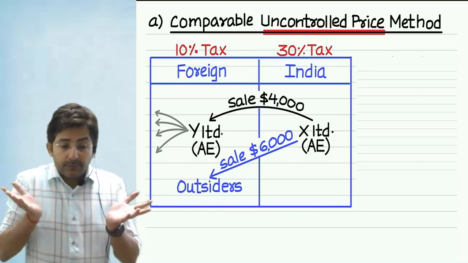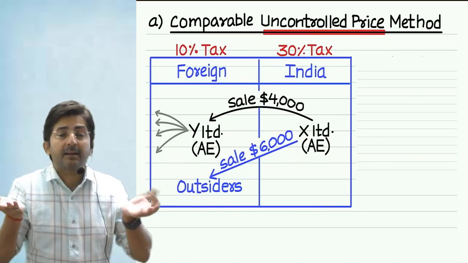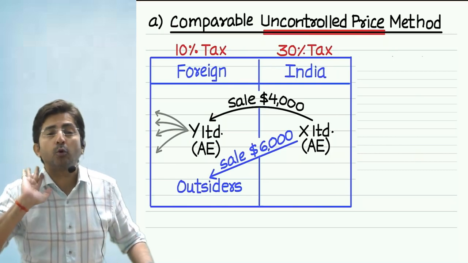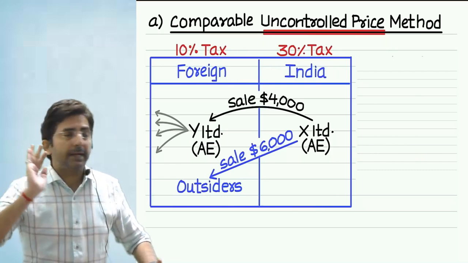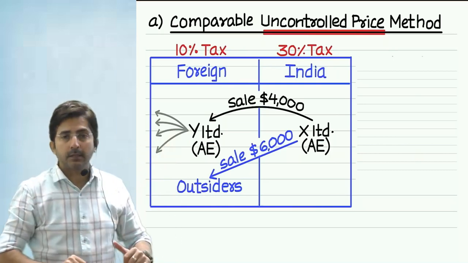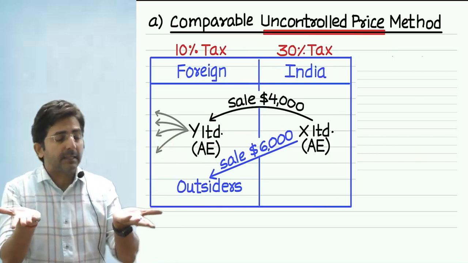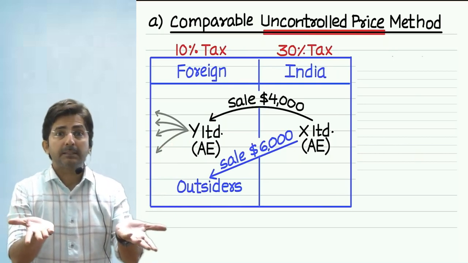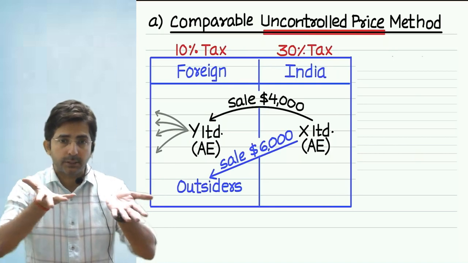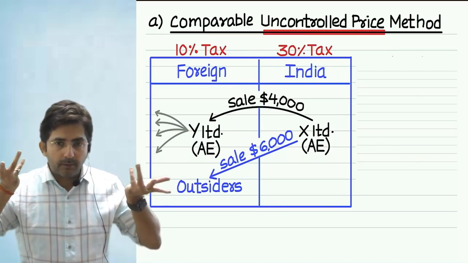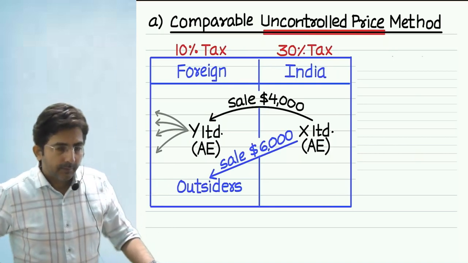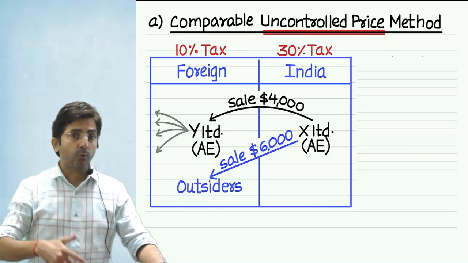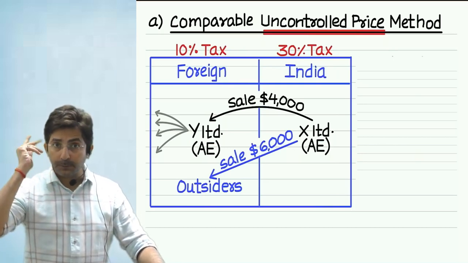So tell me what to do. The idea is we want to bring both the transactions, meaning the transaction of X to Y and X to outsiders, at par. Par means at the same terms and conditions. If I ask you what to do, you should get two options in your mind.